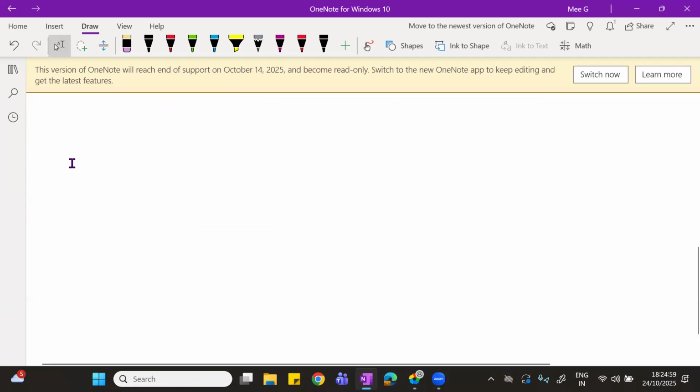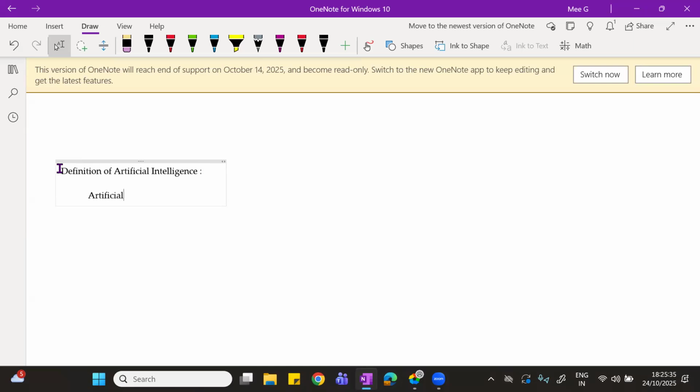Now, let's see how you will define artificial intelligence. Artificial intelligence is nothing but you are building intelligent machines which are capable of performing tasks where human intelligence is required. So that is what is called the definition of artificial intelligence.